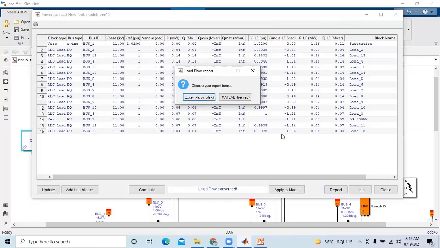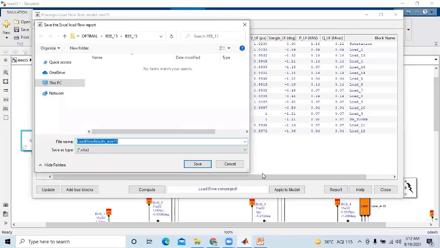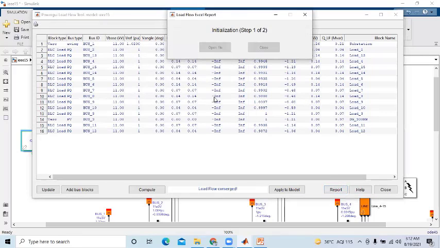Want it in the Excel file. It is initializing the load flow Excel report, and then it will print and save the Excel file in step 2.